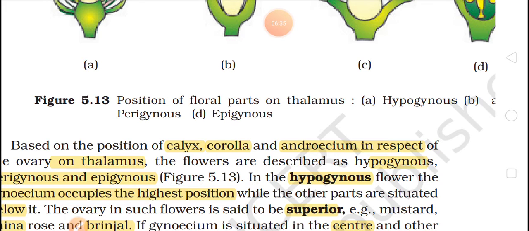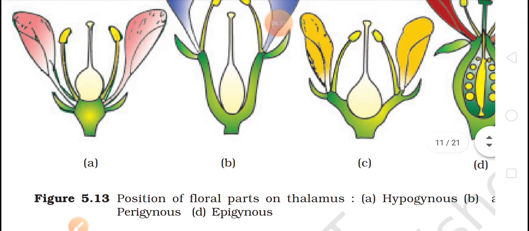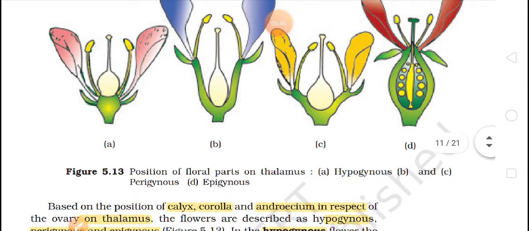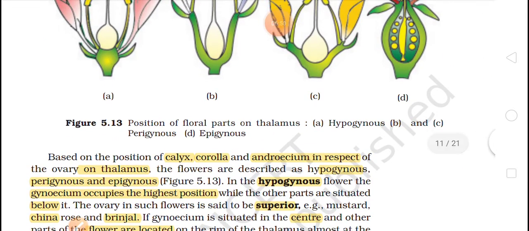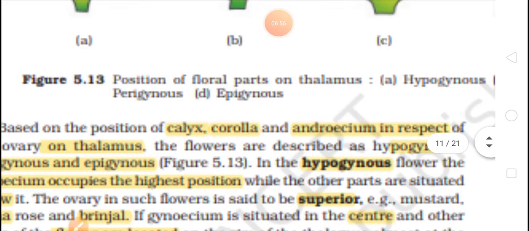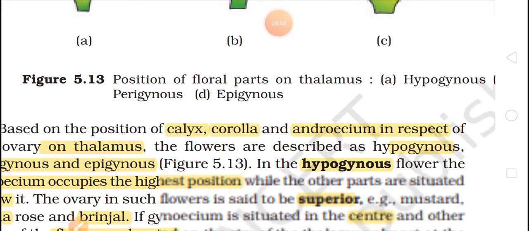These floral parts we have discussed, that is calyx, corolla, stamen and pistil. So based on the position of these floral parts, the flower can be divided into hypogynous, perigynous and epigynous. See the hypogynous first.